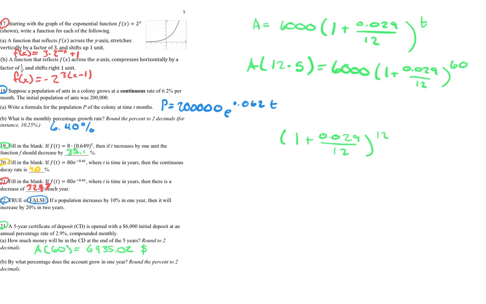So if we plug this in, we'll see that the amount that we multiply it by is going to be, excuse me, 1.0294. So this is the amount that it increases here. So by what percent does this grow? That is 2.94%.